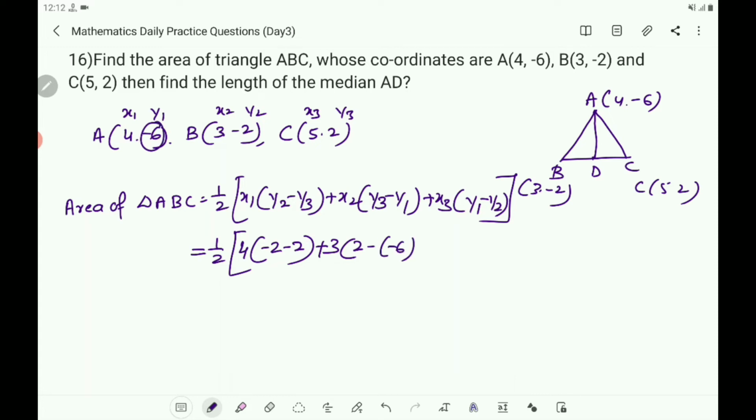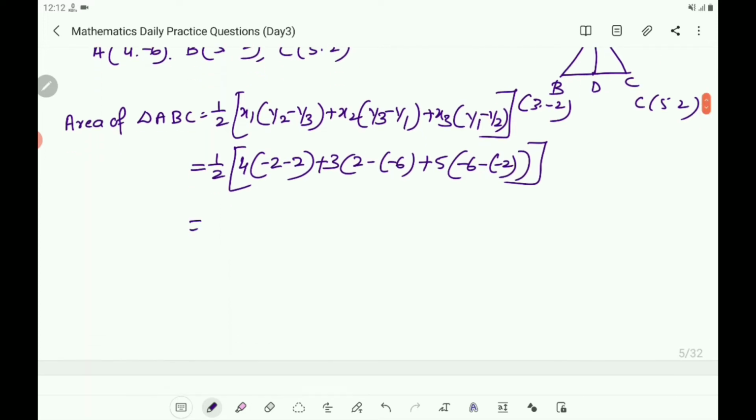Here y1 is minus 6, so we write minus of minus 6. Then plus x3, x3 is 5, into y1, y1 is minus 6, minus y2, y2 is minus 2.